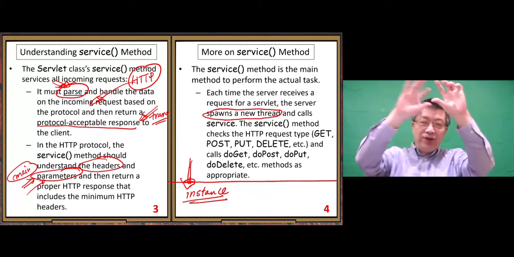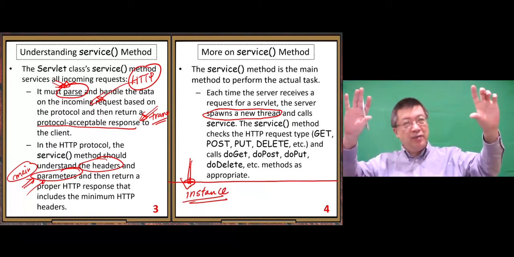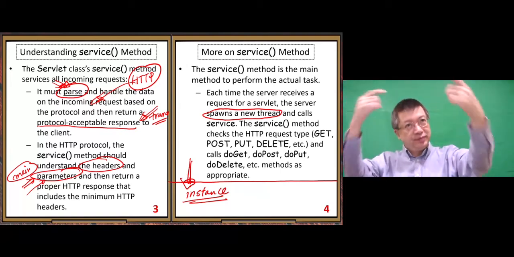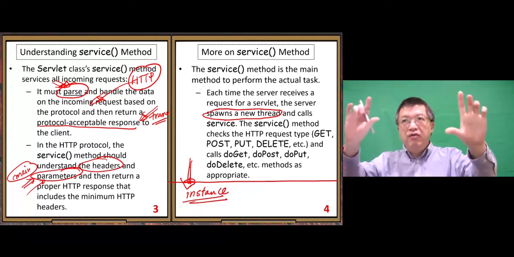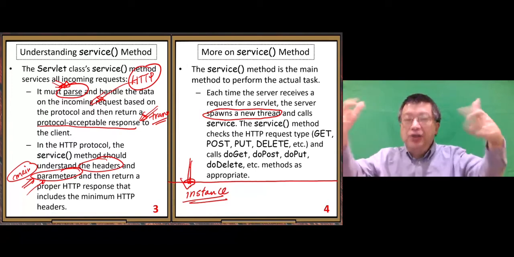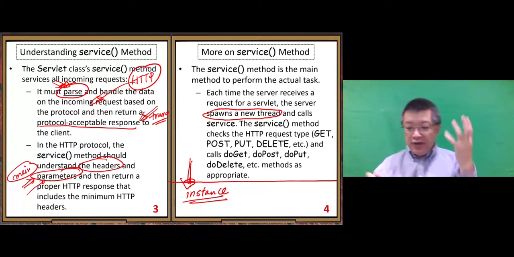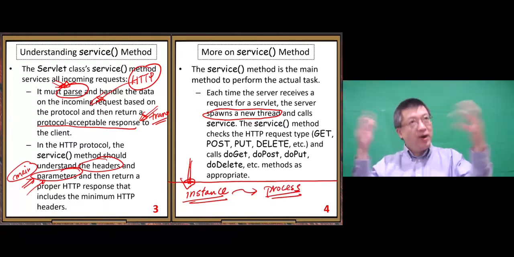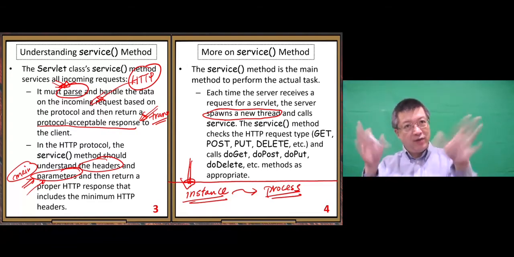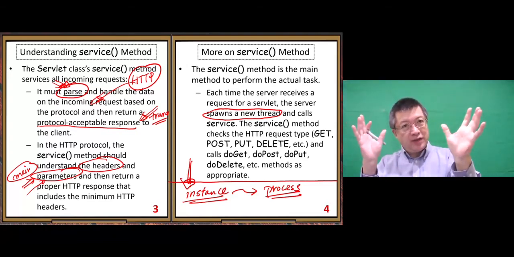When you create a servlet element and put some information there, the server will use that information to create an instance of the servlet. This instance corresponds to a process, a running process, the servlet running.